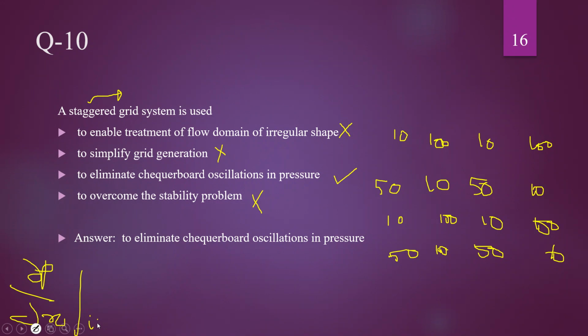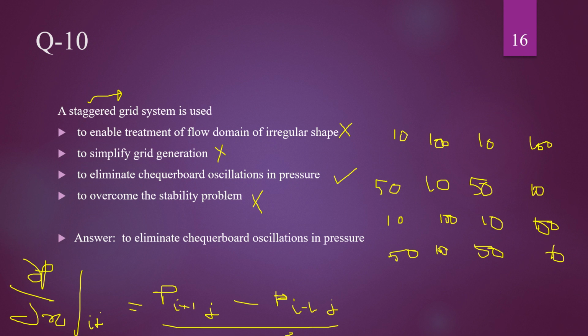How would we use the central difference scheme? With respect to x, it is (P(i+1, j) − P(i−1, j)) divided by 2Δx. If we are considering this type of grid with pressure values present in the system, this is known as checkerboard oscillations in pressure.